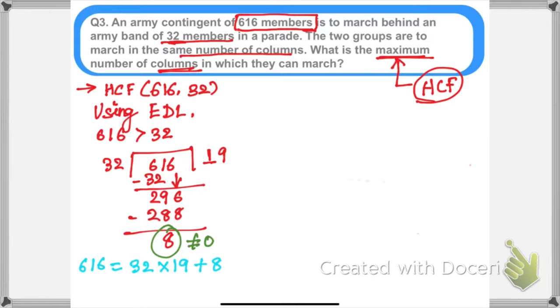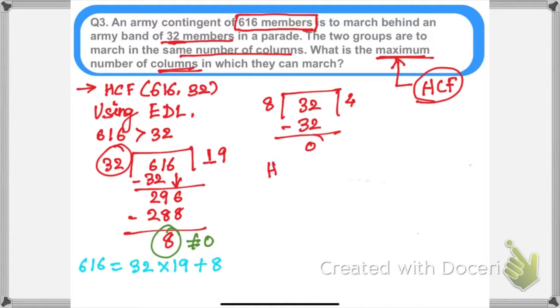Now dividing it further, our new divisor will be 8 and our new dividend will be our previous divisor, that is 32, and 8 into 4 is 32. So we got the remainder over here as 0. Since the remainder is 0, we don't need to perform any further division.